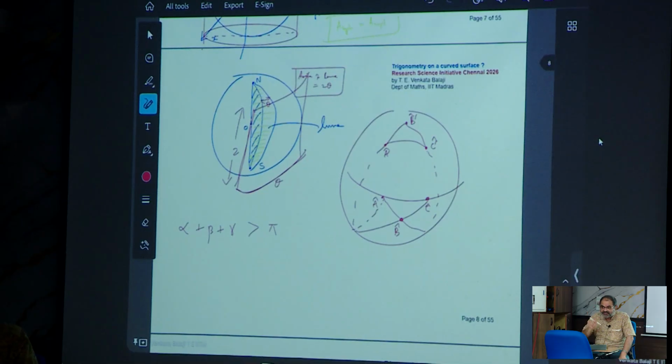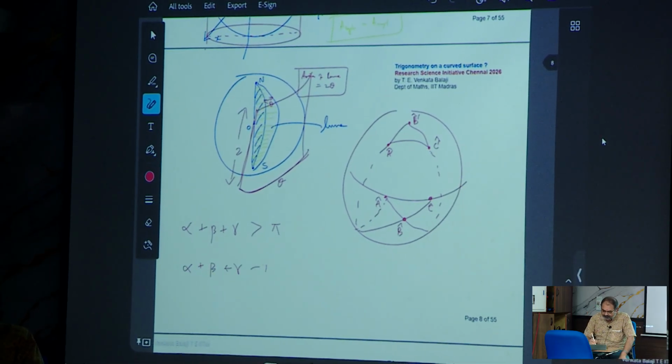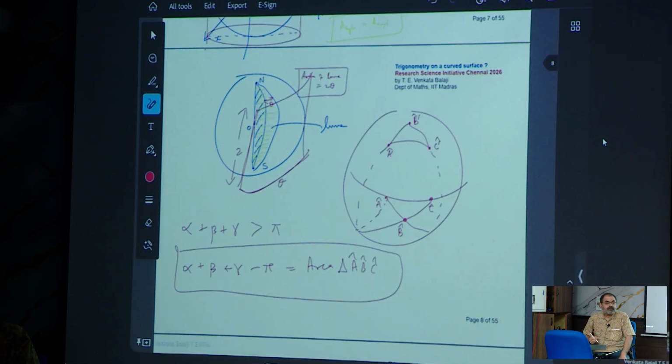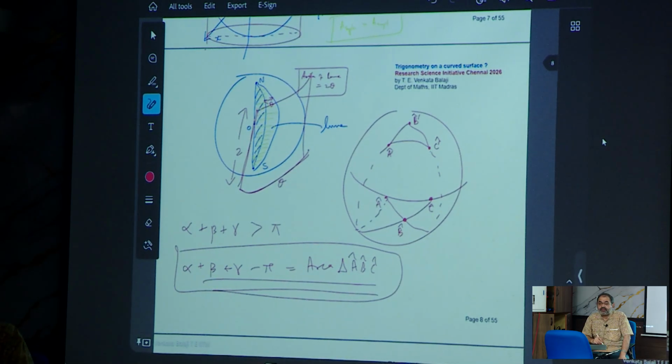It is the area of that triangle, which I'll just call A. This can be proved using this formula for a loon that you get from Archimedes' theorem.